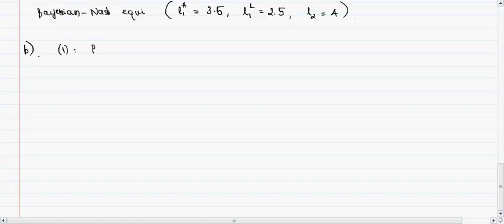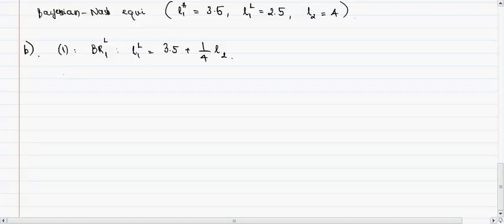Equation 1 is the best response function of player 1 given that he is having a low cost, and that is going to be L1 low equal to 3.5 plus a quarter of L2.